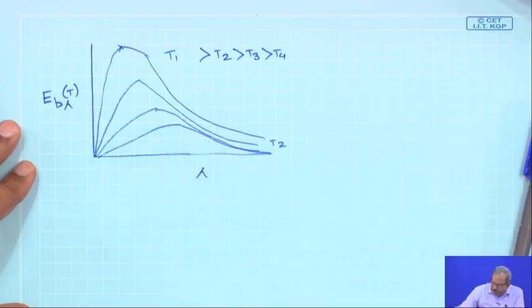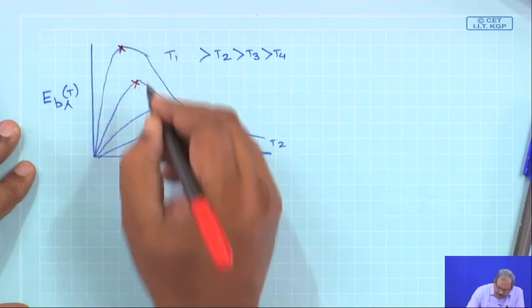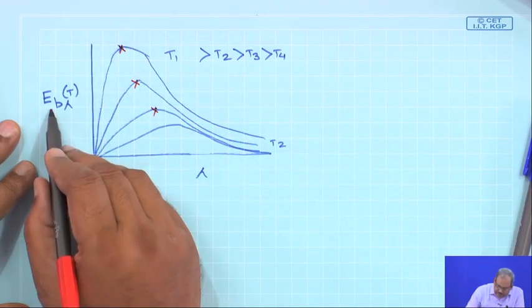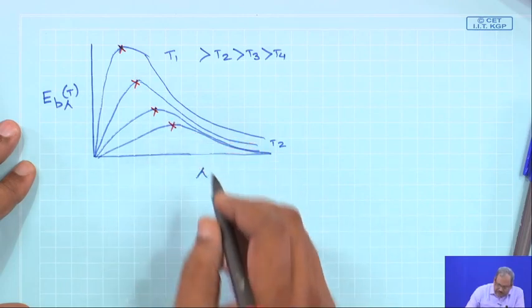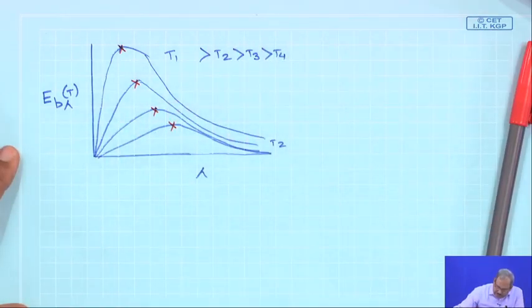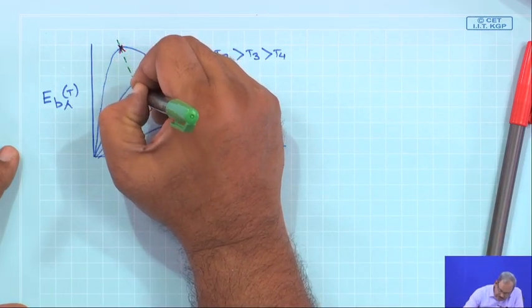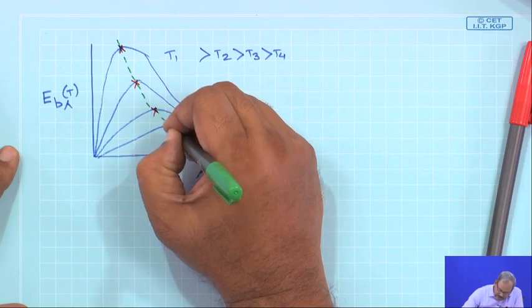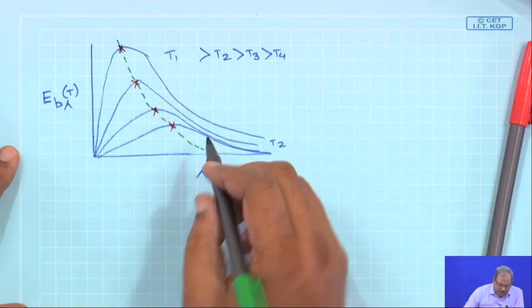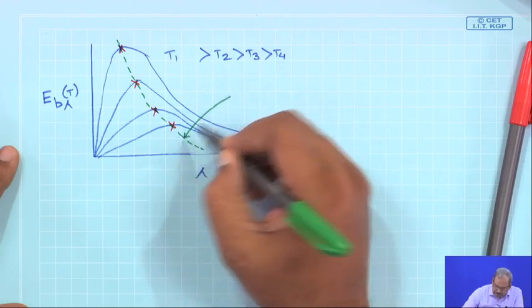If these maxima, the points at which E_b lambda is maximum, that means the blackbody emissive power is maximum, are joined together, the locus of this line is very interesting.